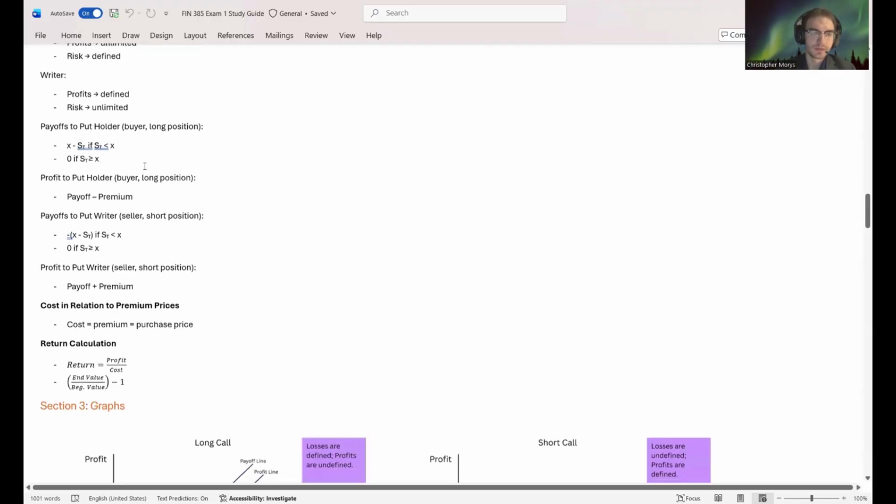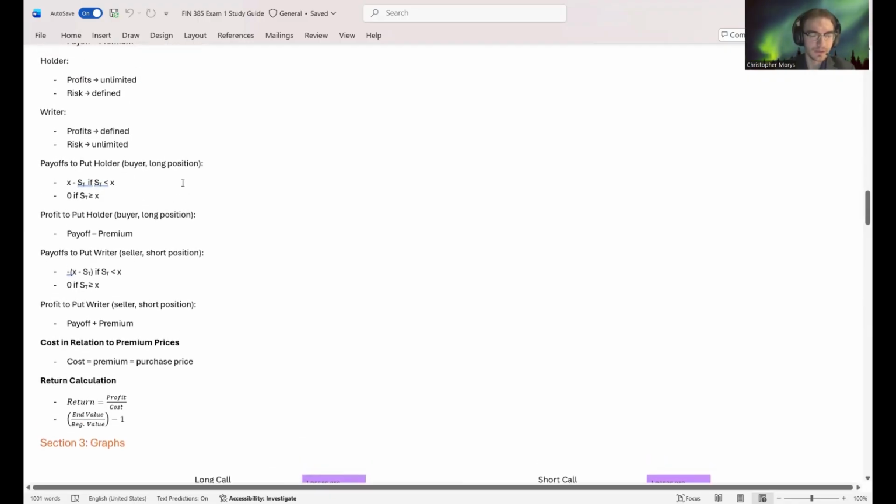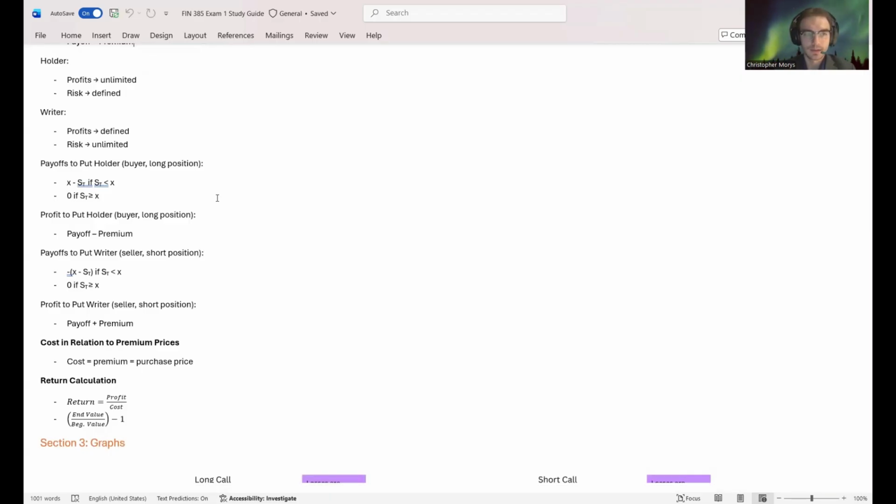Now moving on to puts. The payoff to a put holder, or buyer, or the long position, is exercise price minus market price if the stock price is less than the exercise price. You have zero payoff if the stock price is greater than or equal to the exercise price.